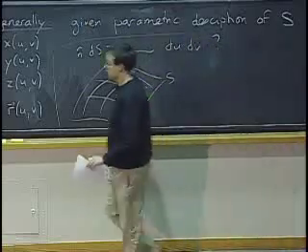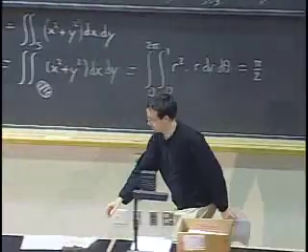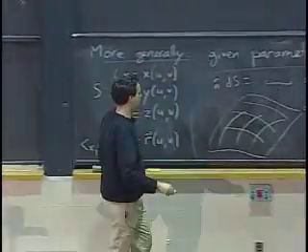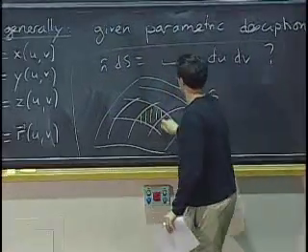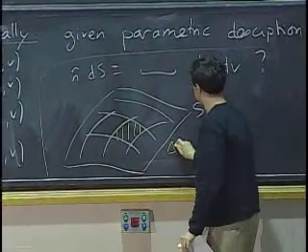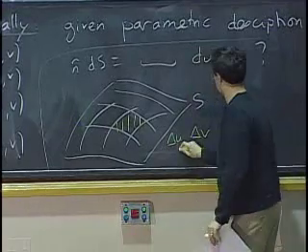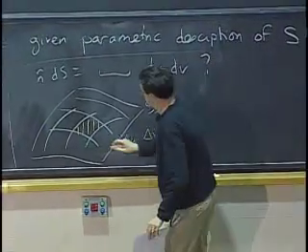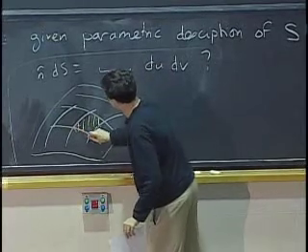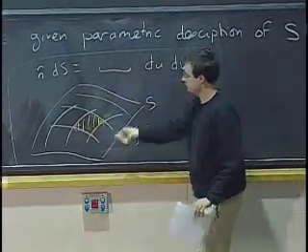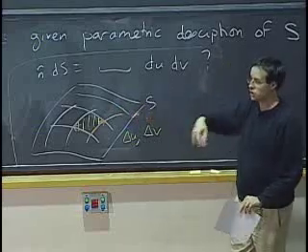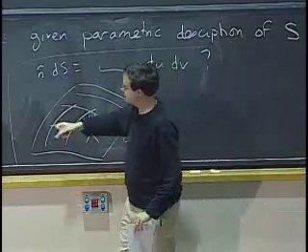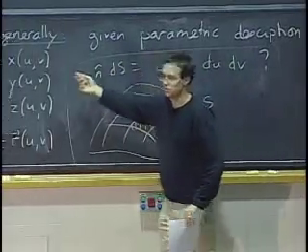And if I take a piece of that corresponding to small changes delta u and delta v, what's going to be going on here? Well, I have to deal with two vectors, one corresponding to changing u, the other one corresponding to changing v. If I change u, how does my point change? Well, that's given by the derivative of this with respect to u.